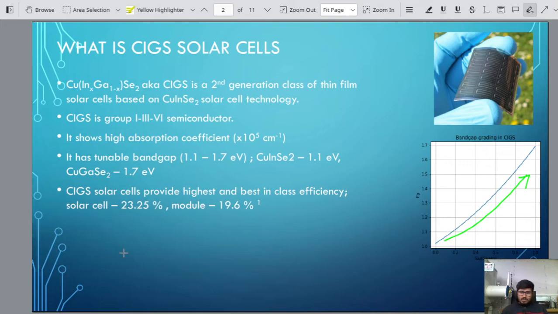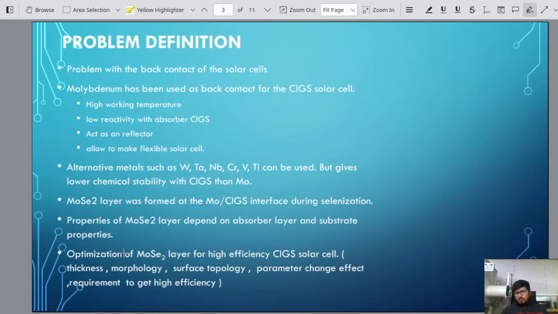So, the problem of my study: there are quite a few ways to increase the efficiency of CIGS solar cells. One is to control the back contact or back contact barrier with the substrate Mo of CIGS.